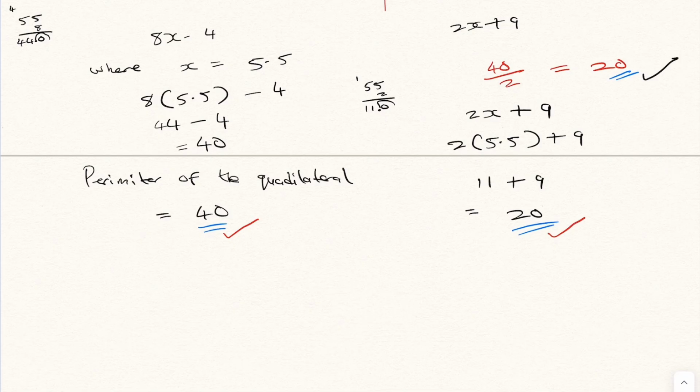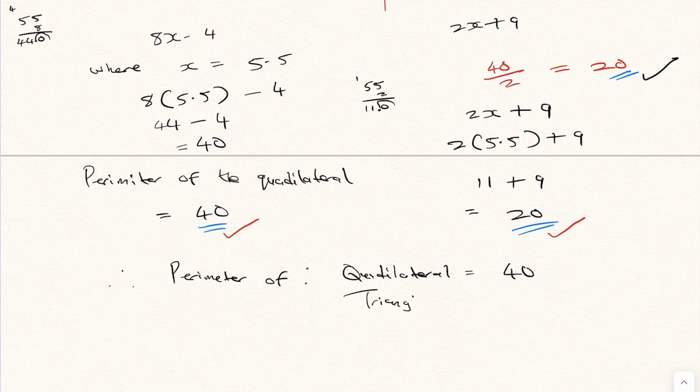So of course we can say therefore the perimeter of the quadrilateral is equal to 40, and the perimeter of the triangle is equal to 20.